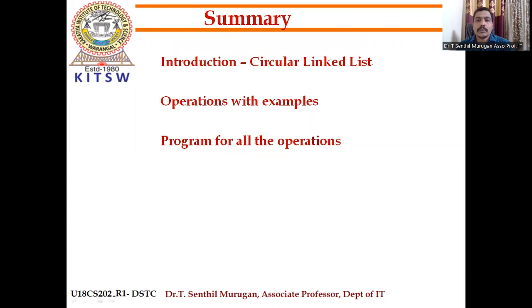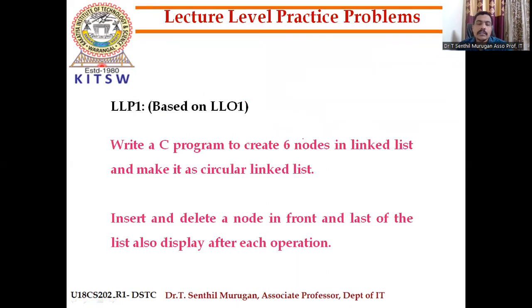We discussed what a circular linked list is and how we create it. We discussed operations with examples and diagrams. Finally, we discussed programs and algorithms for all the operations. So now you are in a position to solve this question. Write a C program to create 6 nodes in a linked list and make it a circular linked list.